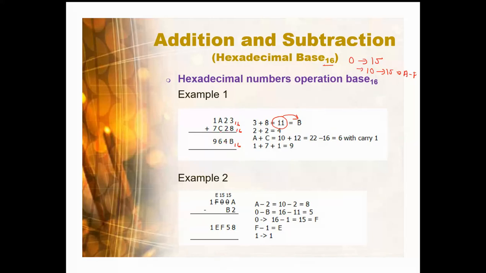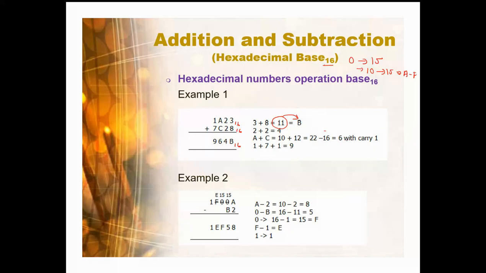Still remain the same. And A is a 10. Okay, and C is 12. So A plus C, you got 22. So 22. Okay, so A plus C is 22. So 22 is basically you have a 22 minus 16.